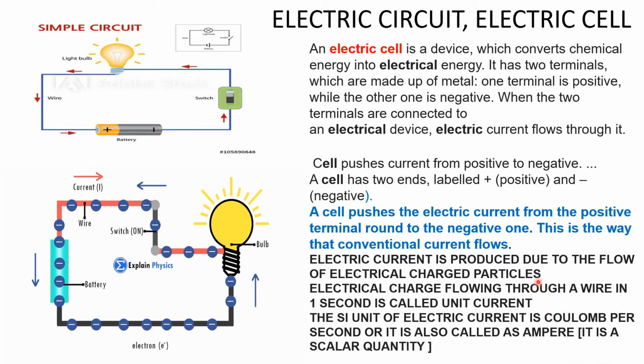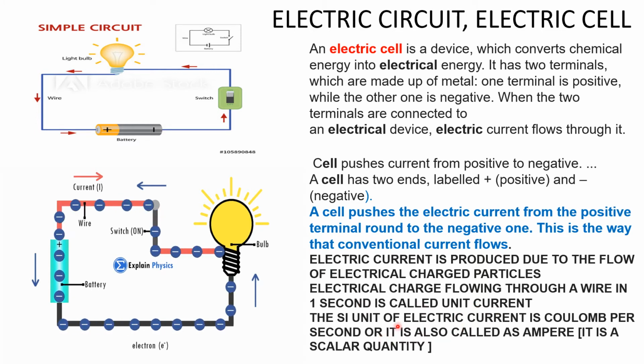Now we have seen the potential difference that is created. What was its unit? The unit of potential difference was volts, as we have seen earlier. Now, electrical charge flowing through a wire in only 1 second is called unit current.